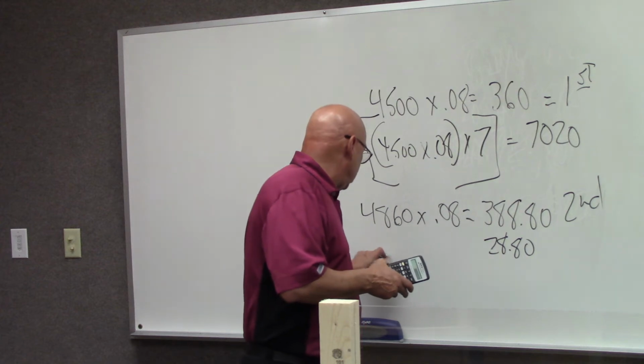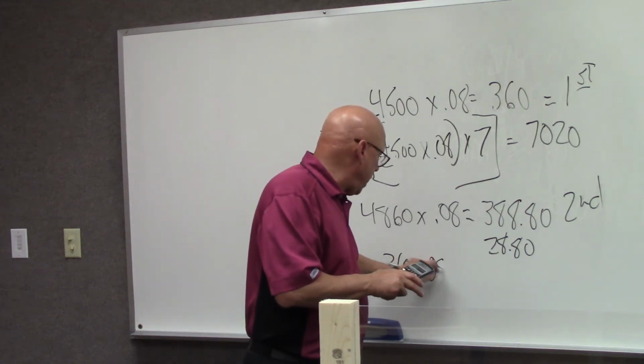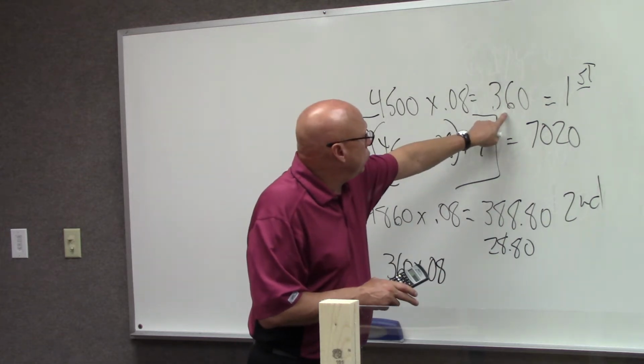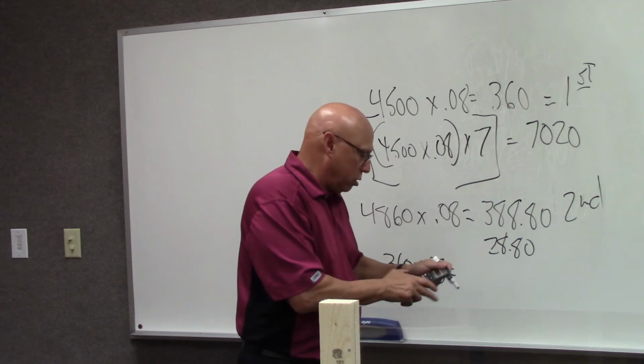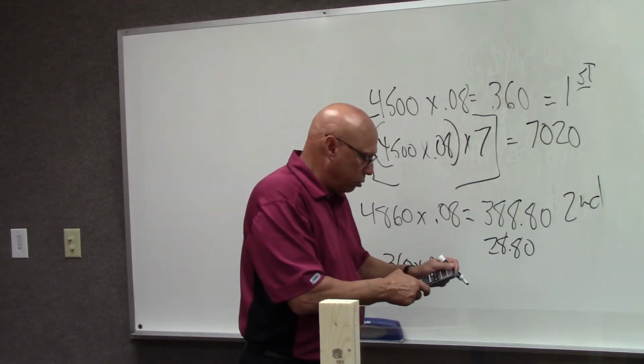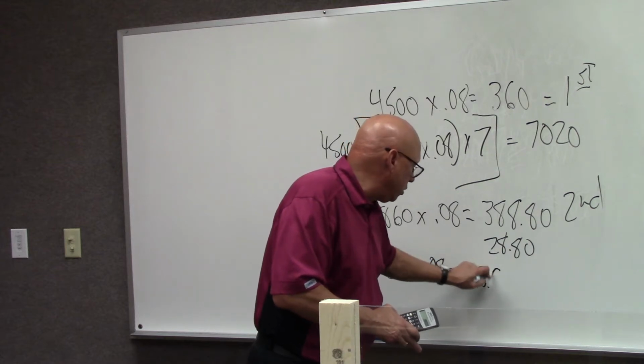So let's take 360 times 0.08. The amount of interest you earned in the first year times your 8% interest, so 360 times 0.08, and you get $28.80.